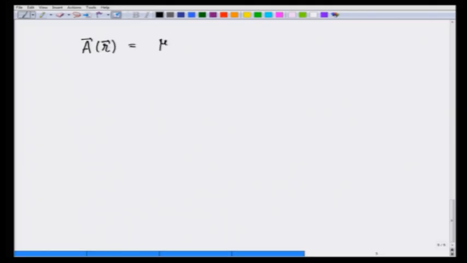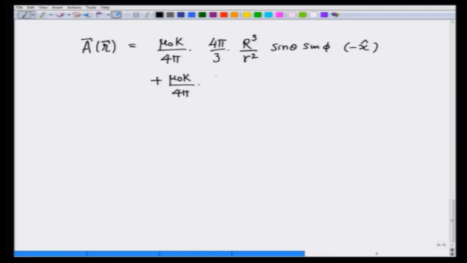is equal to mu naught k over 4 pi, then I have a 4 pi by 3 R cubed over r square sin theta sin phi in the minus x direction plus mu naught k over 4 pi times 4 pi by 3 R cubed over r square sin theta cosine of phi in the y direction.